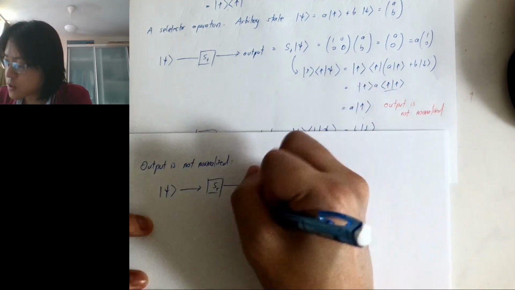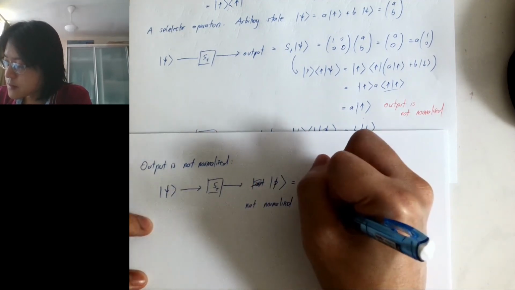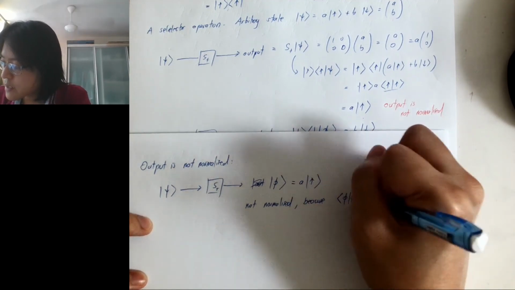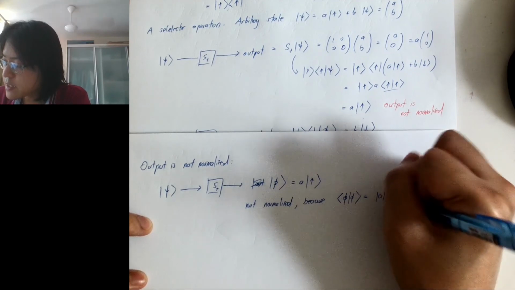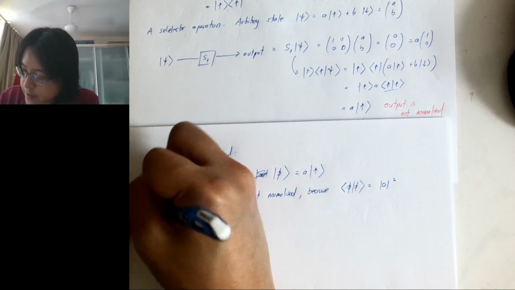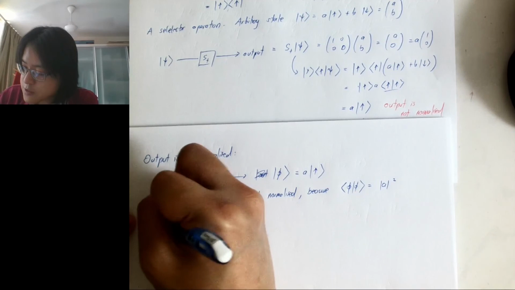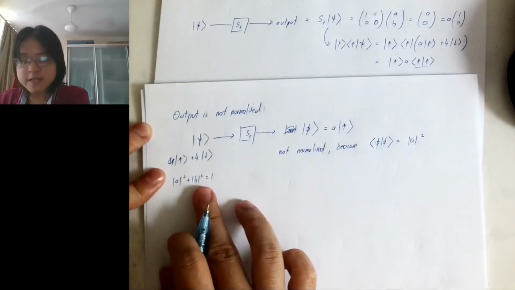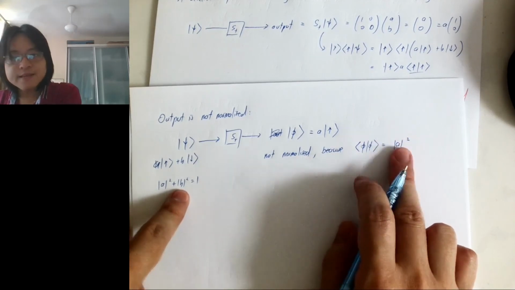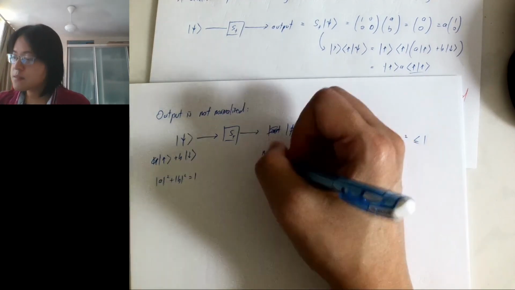It is not normalized because the inner product of phi with phi is modulus A squared, right? If I started with A up plus B down, then mod A squared plus mod B squared equals 1, so if B is non-zero, then this is definitely less than 1. So I need to normalize this.